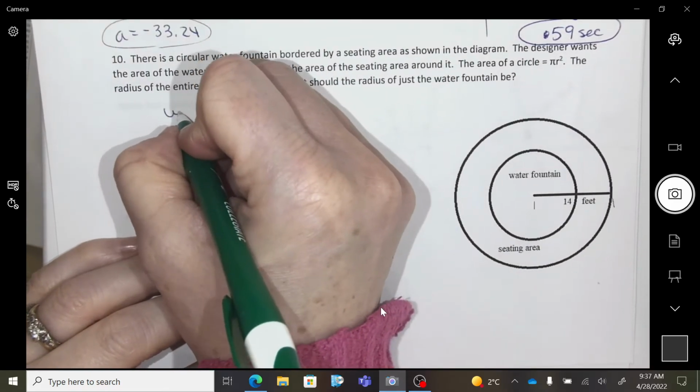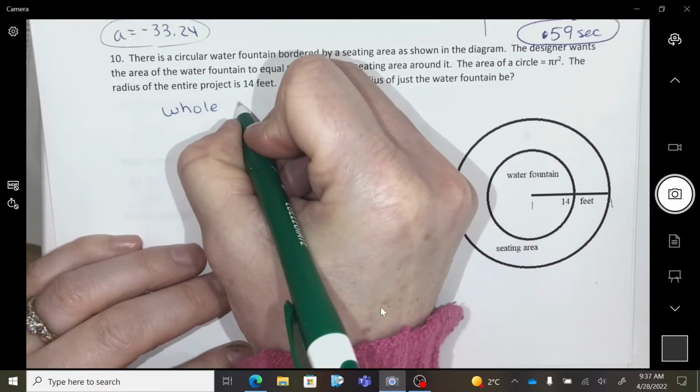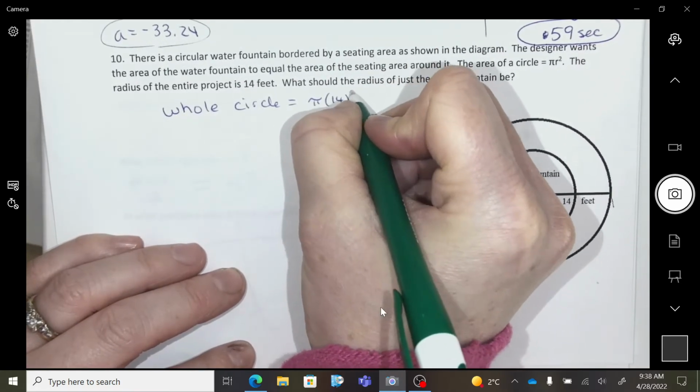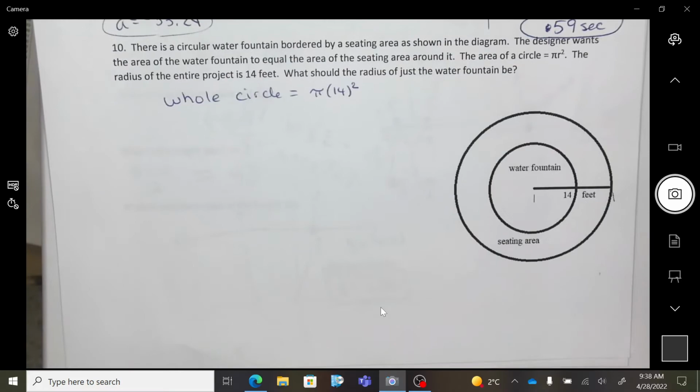Okay. So the whole circle, the whole thing, would be pi times 14 squared, pi r squared.